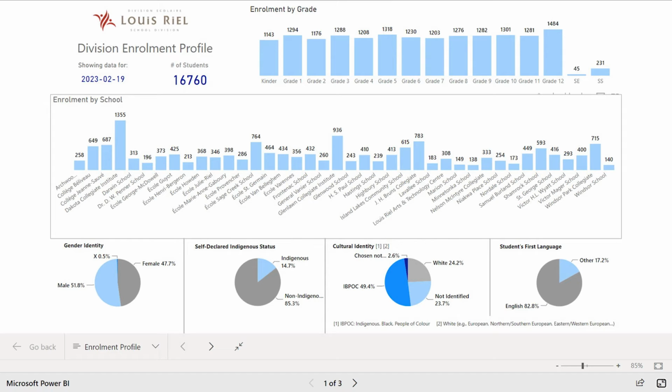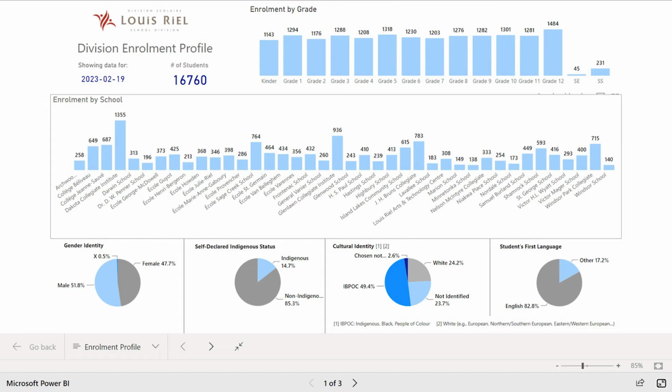On Friday of last week, there were 16,760 students in LRSD across 40 schools, 12 grades, a kindergarten grade, and some labeling there, SC and SS. We love our acronyms in LRSD and in public education. And so you see that here. That's what I'm showing here.